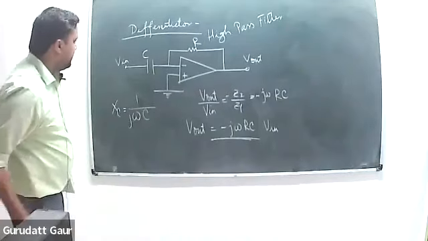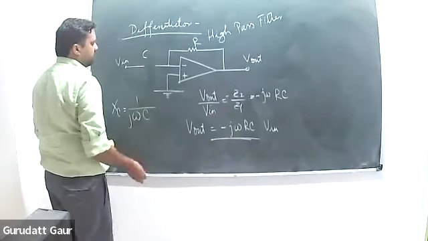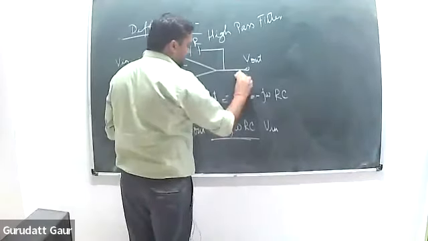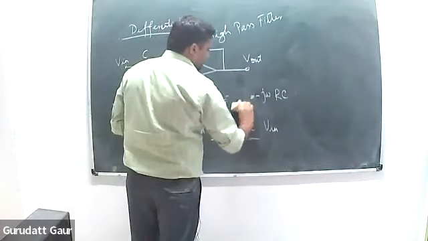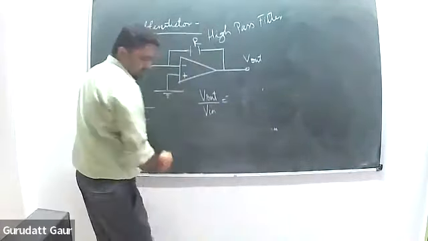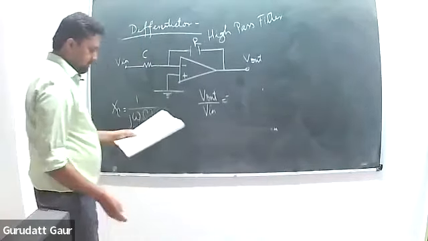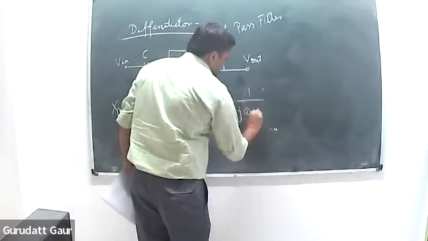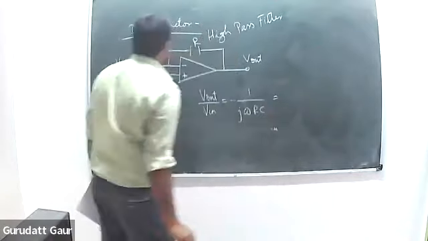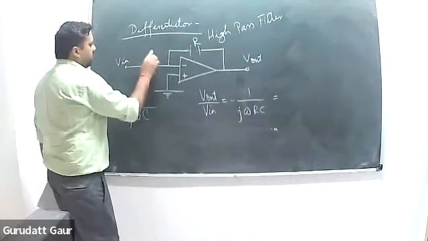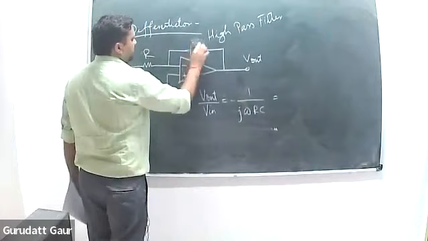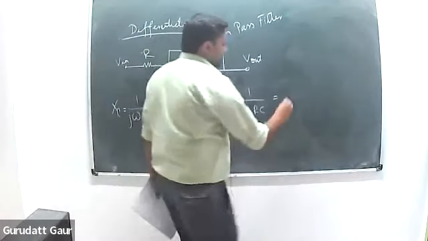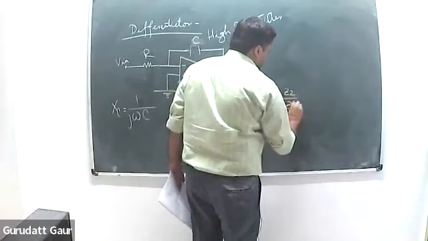And the integrator is simply just exchanging the position of resistance and capacitor. What is the benefit? The output now will be minus Z2 by Z1. So now J omega goes in the denominator. It will come out to be minus 1 upon J omega RC, because this is again Z2 by Z1, with R here and C there.